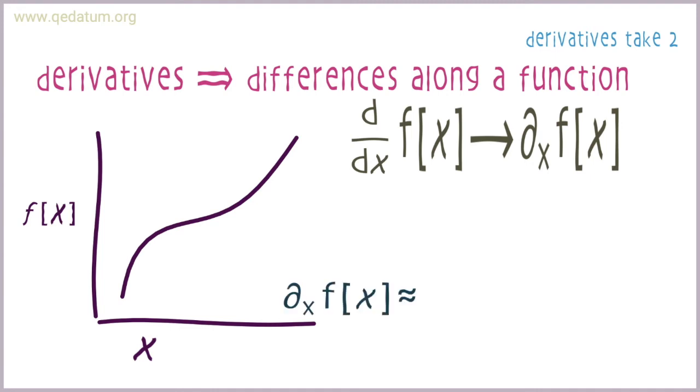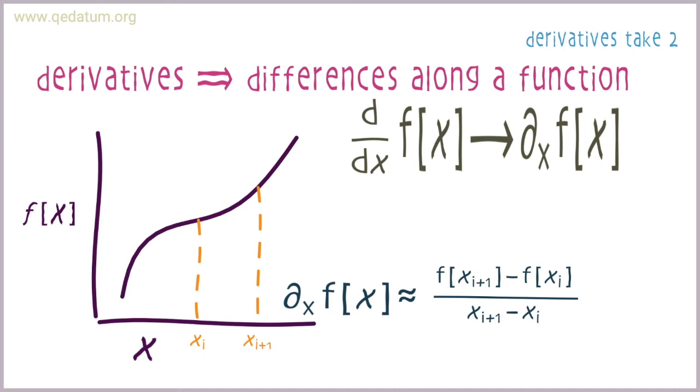And we can approximate that derivative by considering some point x sub i plus 1 and the value of the function at that point, each minus some other value x sub i and the function value at x sub i. In other words, we are approximating the derivative as a ratio of differences, with the numerator the difference of the function evaluated at the 2 points. And this ratio is just the rise over the run, which can be a good approximation of the slope of the function over this interval.